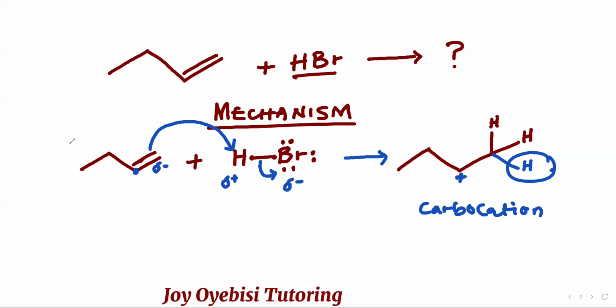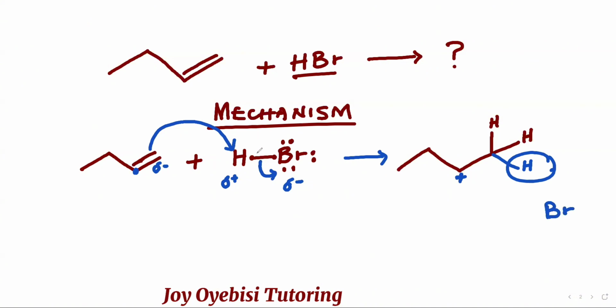All right? Now, of course, with that carbocation, that becomes like the intermediate. So the reaction is not over yet. Remember that when this hydrogen was picked up, this bond broke. So the bromine is still somewhere in the system. It's going to be Br.